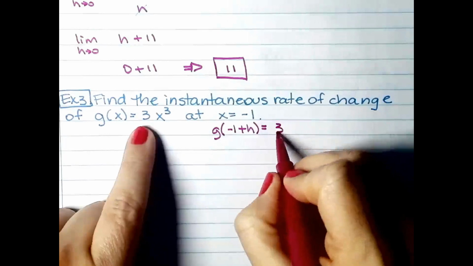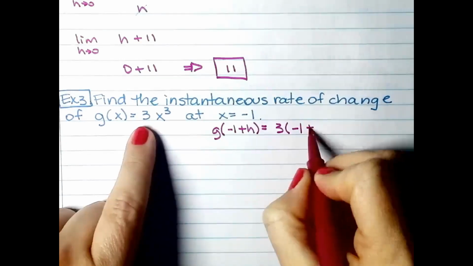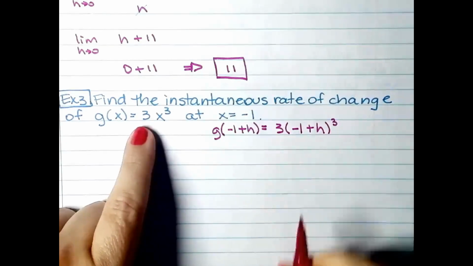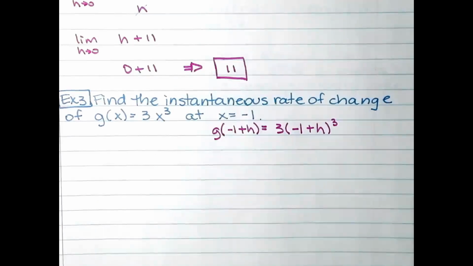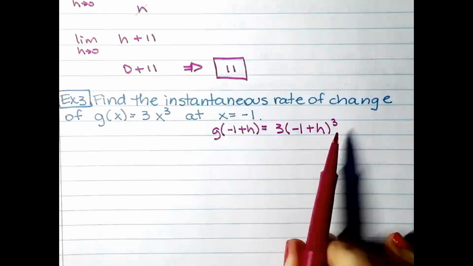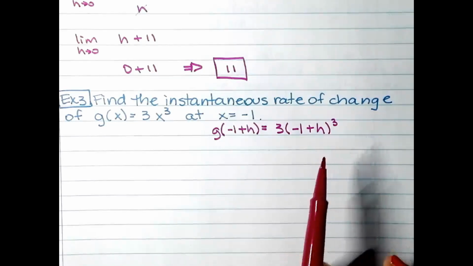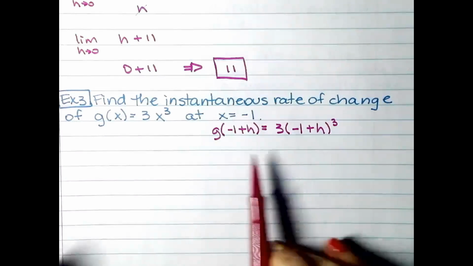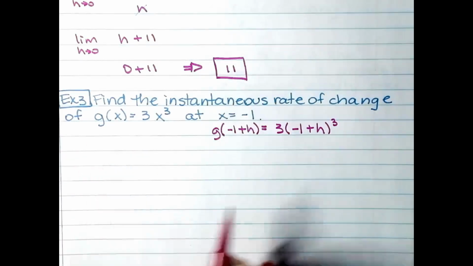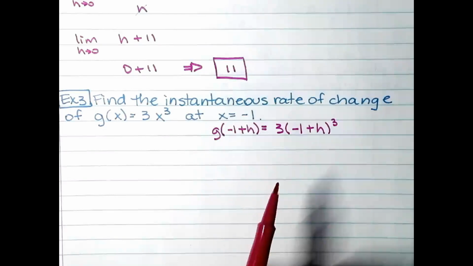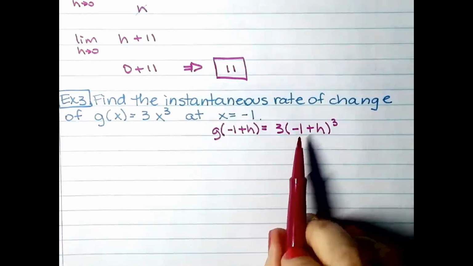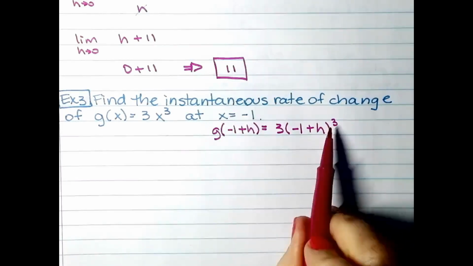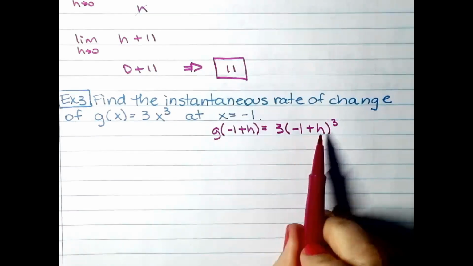So I have 3 times negative 1 plus h cubed. I will show you a couple different ways. If you don't want to memorize the binomial expansion, it's fine. There's a way for you to find out. I'm going to use this side right here. So you know, and I know you have it memorized, that the cube right there means negative 1 plus h multiplied by itself 3 times.